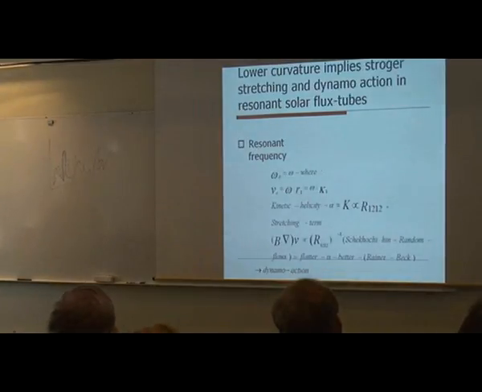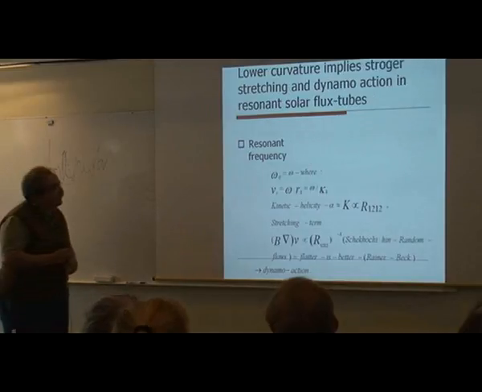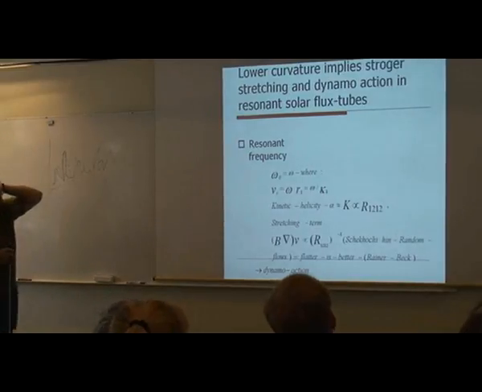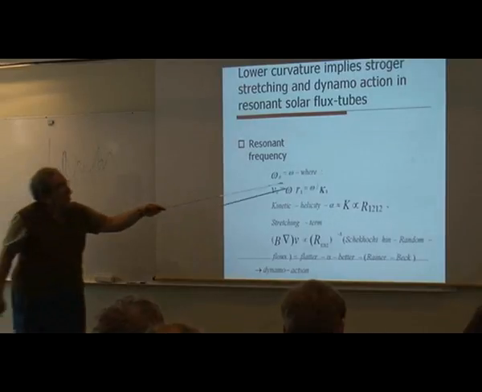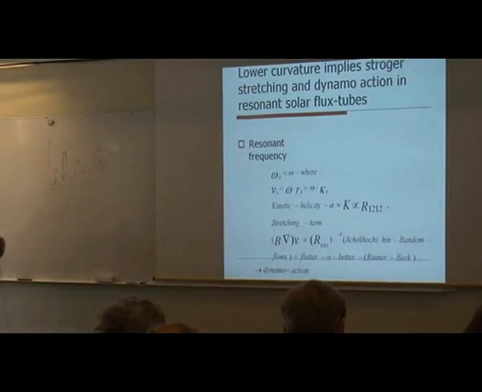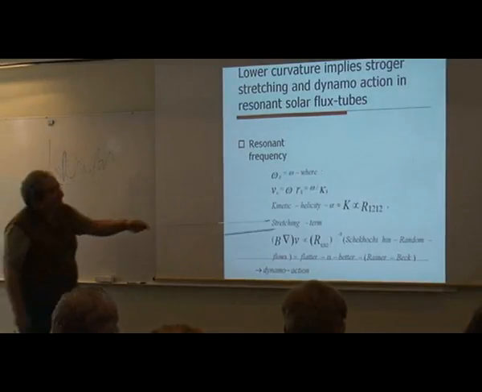Okay, I tried to test the model. I used some strong constraint on the frequencies, which I call the resonance between the poloidal frequency and the toroidal frequency. I mean that they coincide by force.